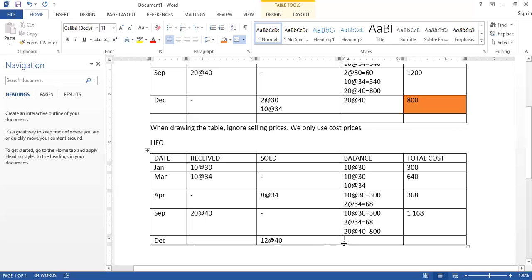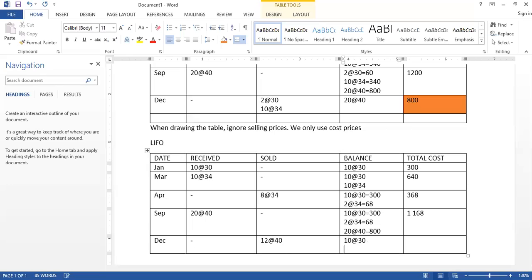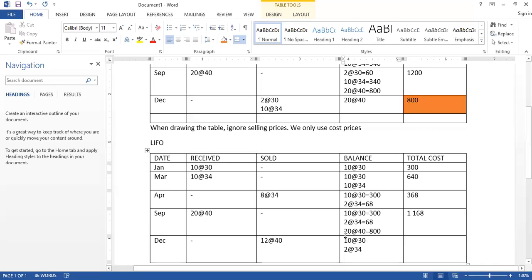So our balances will be 10 at the price of 30, and then 2 at the price of 34, and then we sold out 12. So we are remaining with how many units? Only 8. 20 minus 12 will give you only 8 units at the price of 40 Namibian dollars.